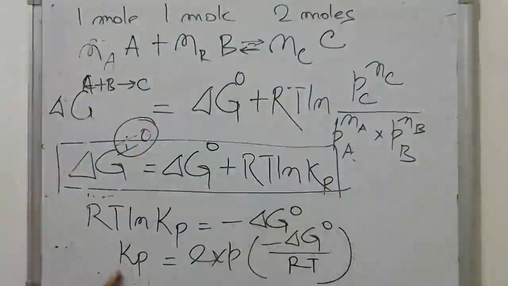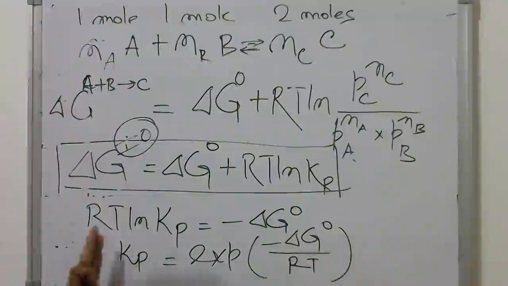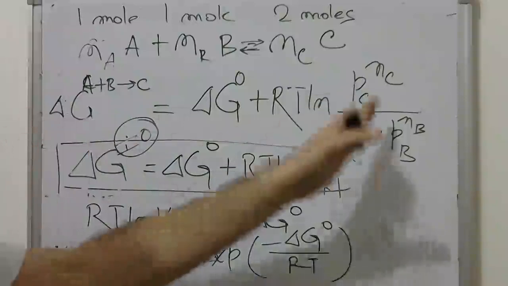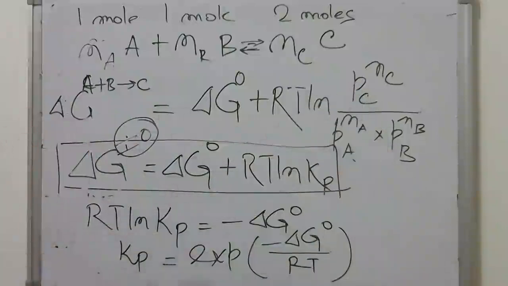I can see Kp is only a function of temperature because R and delta G0 are constant. This is the standard free energy change for a system. So Kp is only a function of temperature. At a particular temperature, the reaction rate constant is constant. If you need to play around with the equilibrium, you have to change the partial pressures of the system. So you can find out that.